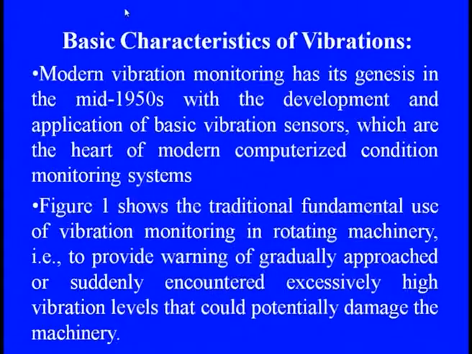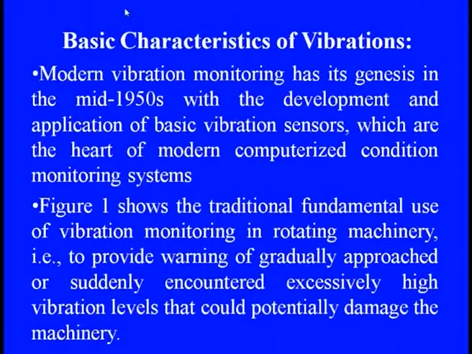High vibration level means the oscillatory feature of the mass is becoming larger, creating more frequency content or more sound generation. That means somewhere there is some problem, because of which huge exciting energy or exciting forces are being generated. That can be straightaway monitored, and it could potentially damage the entire machinery itself.